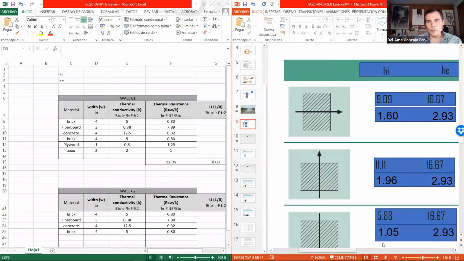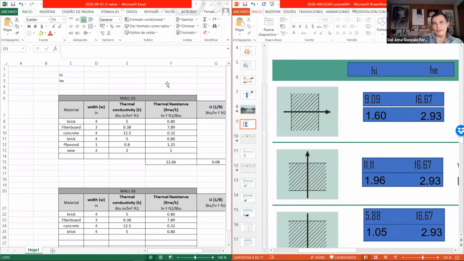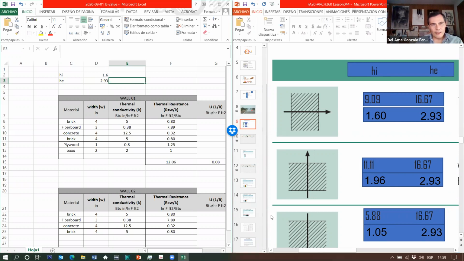Okay, so if we are working with walls, we know that HI is 1.6. So here we can type 1.6, and HE is 2.93. 2.93. Okay.